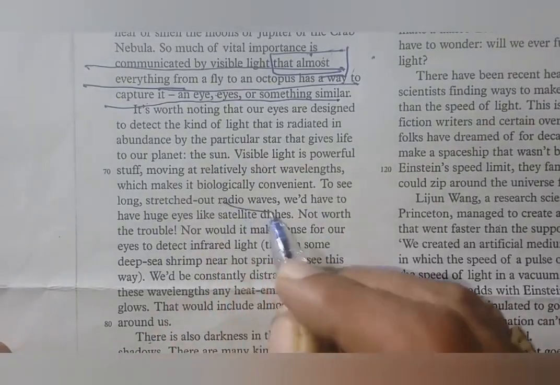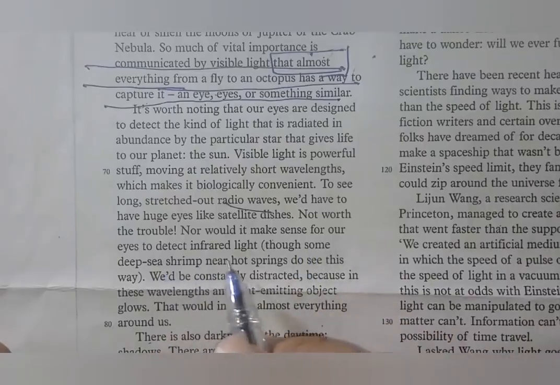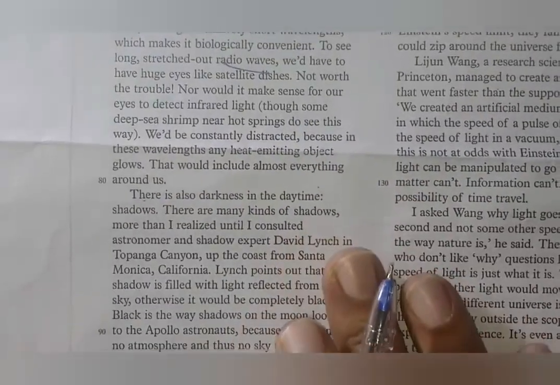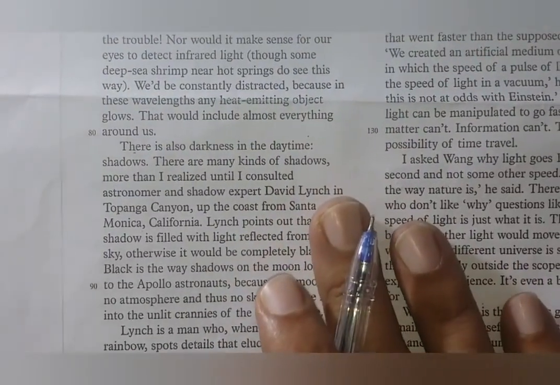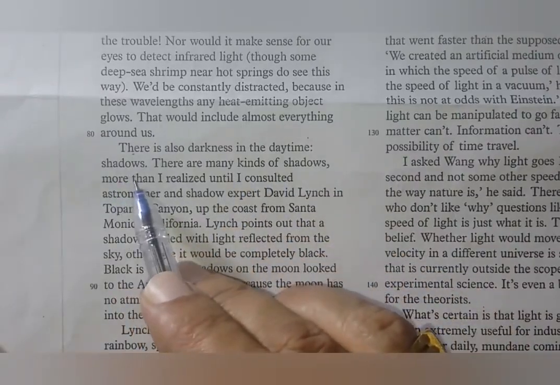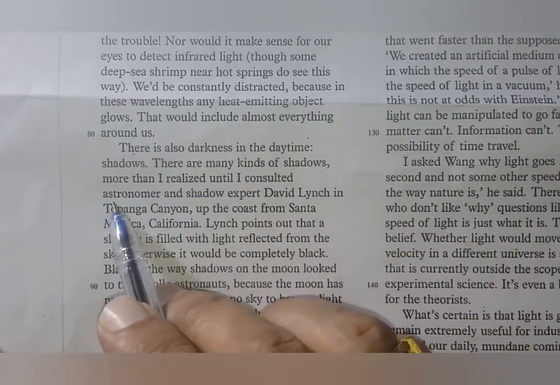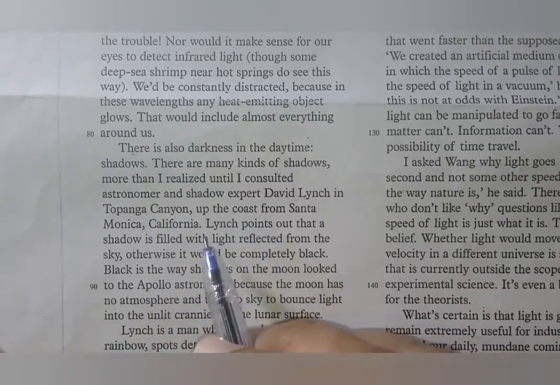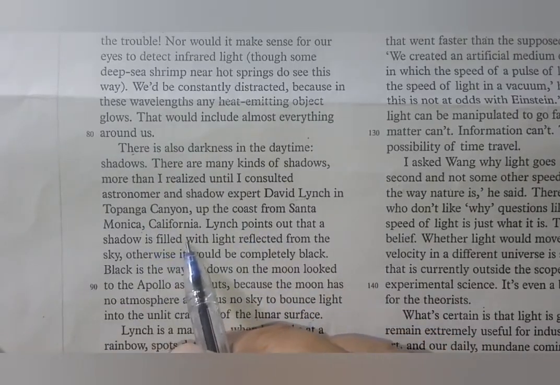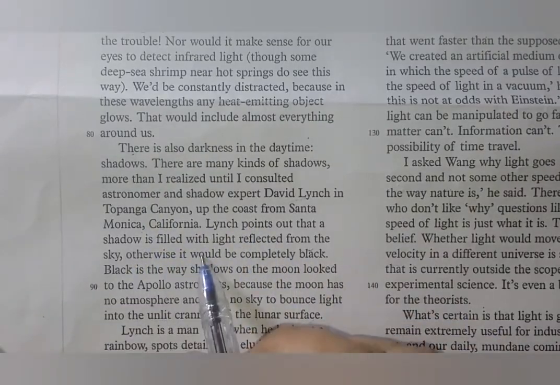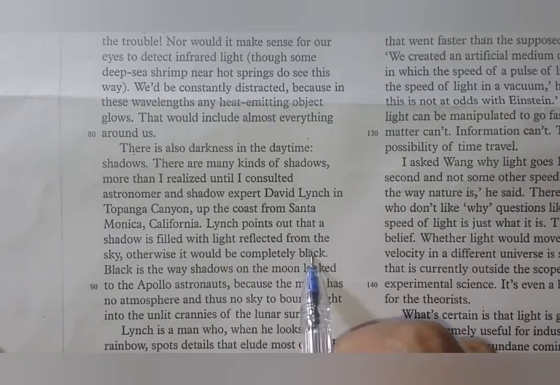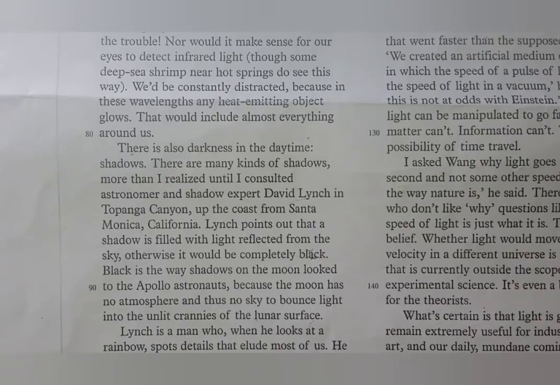They are talking about radio waves. So there is also darkness in the daytime. There are many kinds of shadows, more than I realized. Then he points out that reflected from the, otherwise it would be completely black. One minute. I got it.